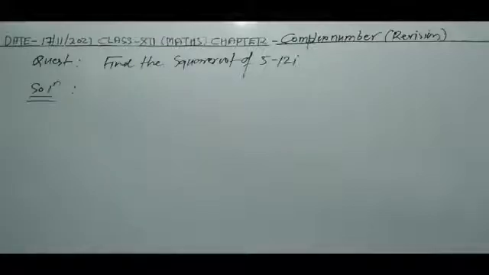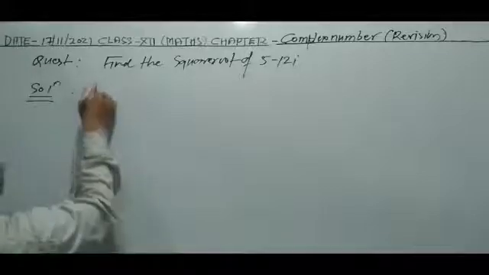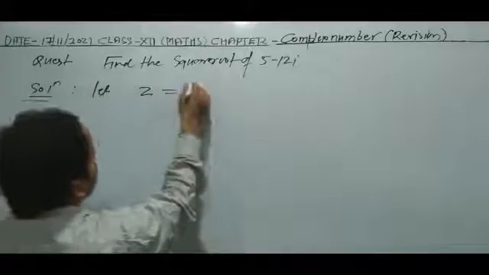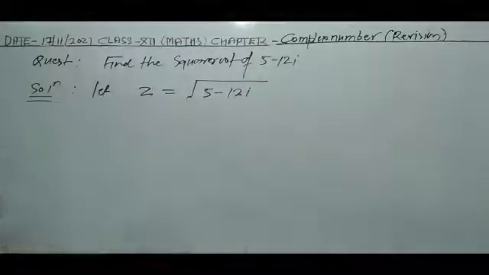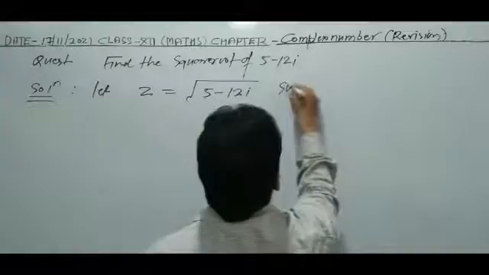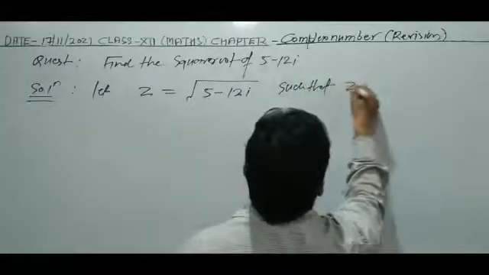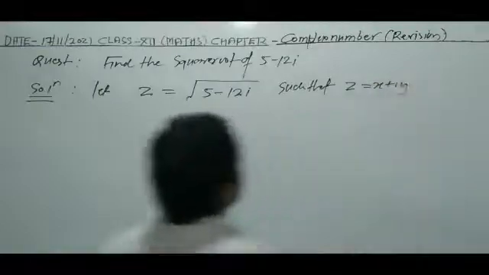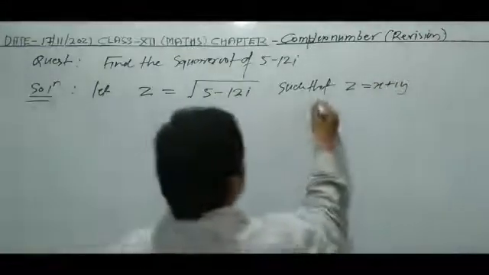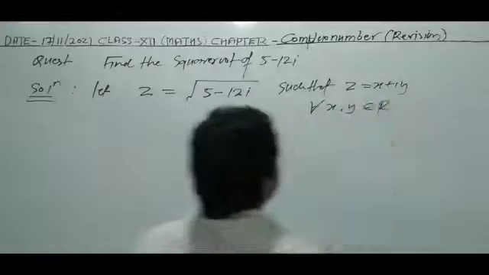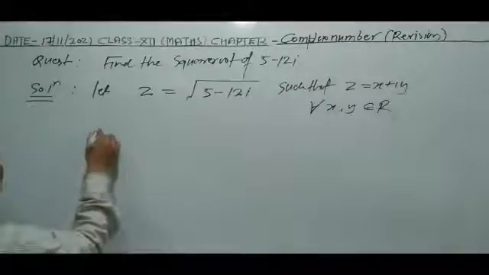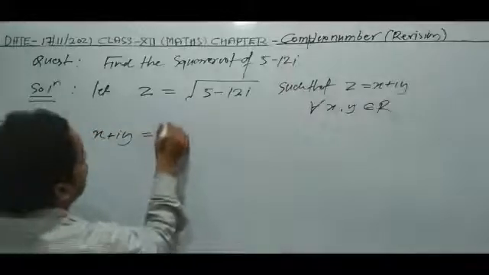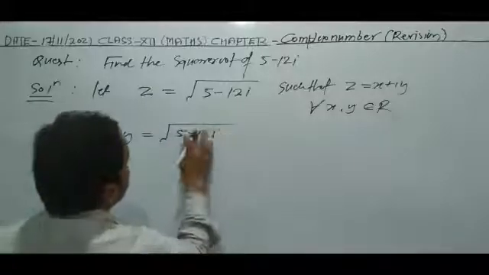So first of all, we will consider, let z is equal to the square root of 5 minus 12i, and we have to find the value of z such that z is equal to x plus iy for all x, y belongs to real. Clear? So we have considered x plus iy is equal to the square root of 5 minus 12i.